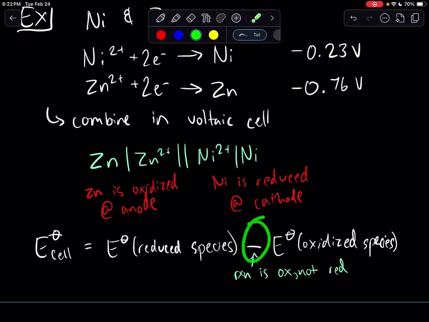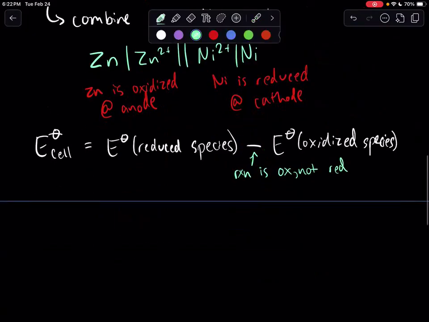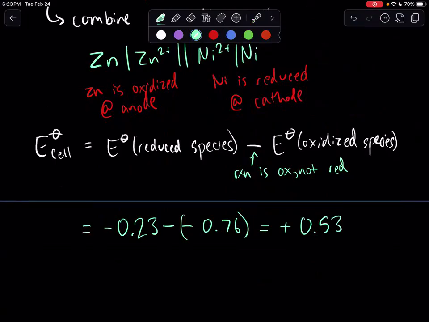We do that using this negative right here. Plugging this into the equation, our E cell is negative 0.23 minus a negative 0.76, and that's going to give us a voltage of positive 0.53 volts.